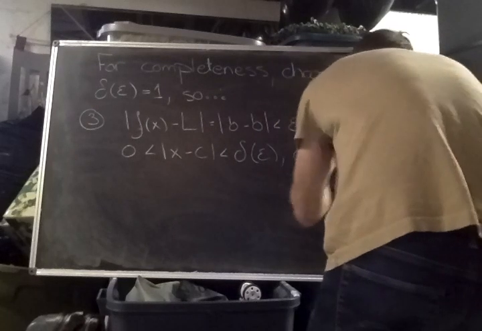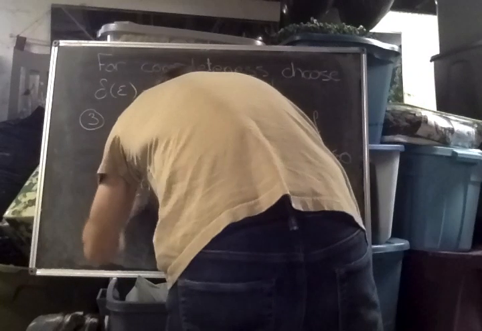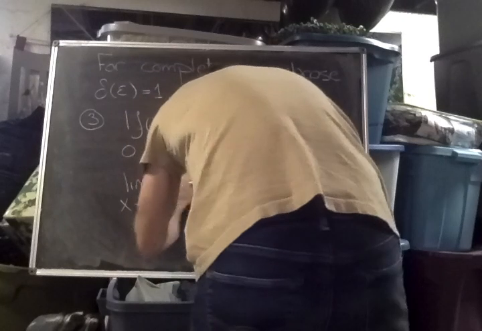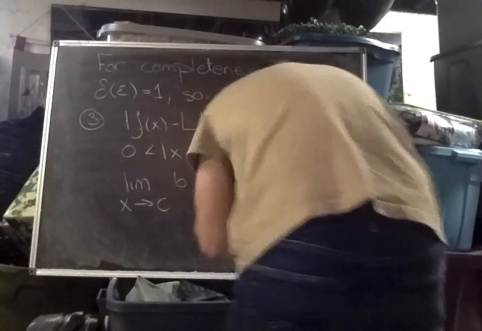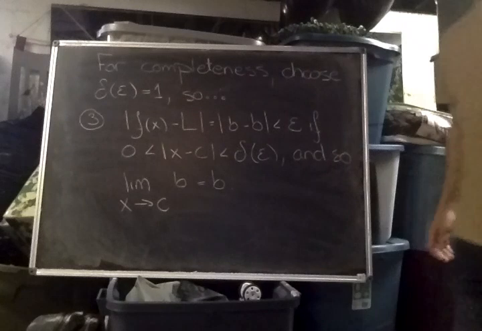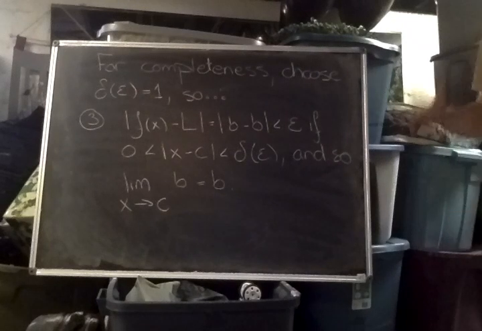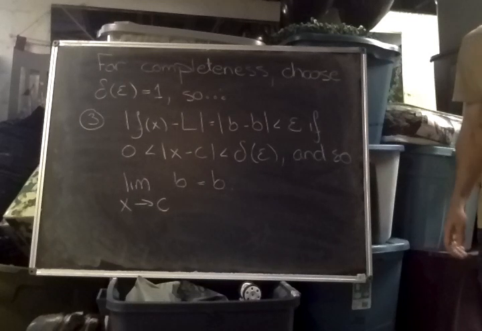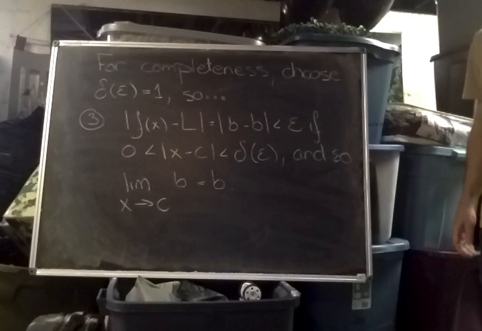And so the limit, by definition, the limit as x approaches c of b is equal to b. Okay? So part 3 is essentially just demonstrating that you know what the definition of the limit as x approaches c of f of x is. Okay? So that is the simplest possible example that we could have.